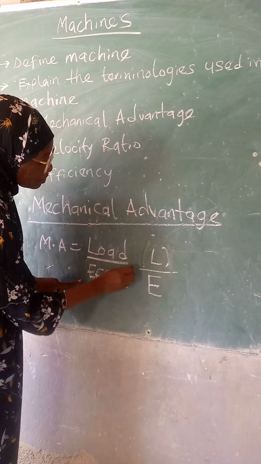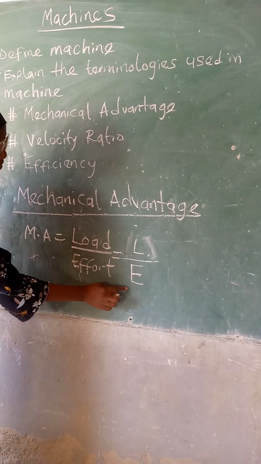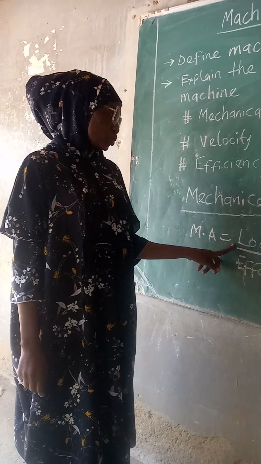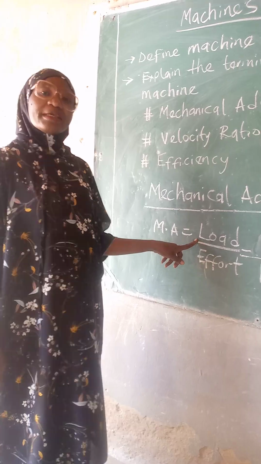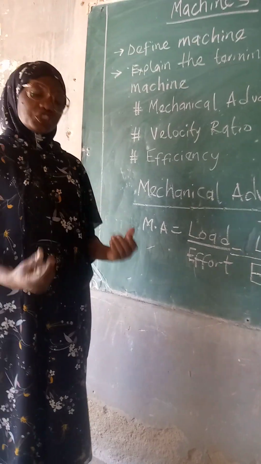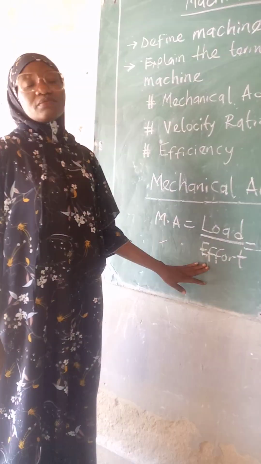Okay, let's just put L. This is equal to what? The load is denoted with capital letter L. Effort is denoted with capital letter E. What is load? Load is simply the resistance that is overcome by the machine, while effort is the force that is applied into the machine.